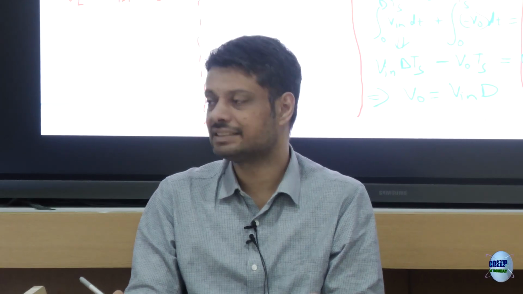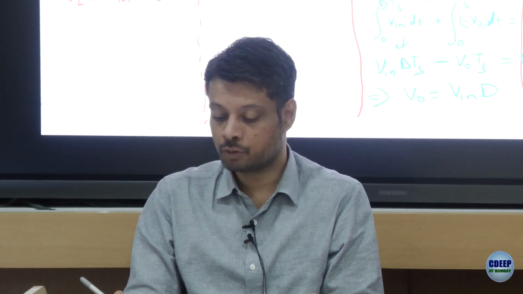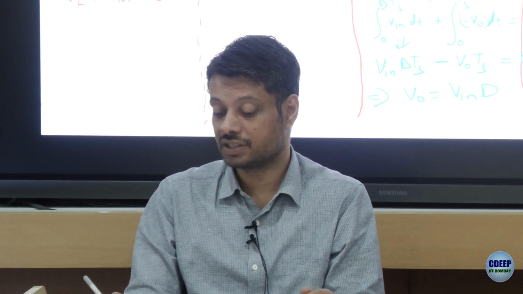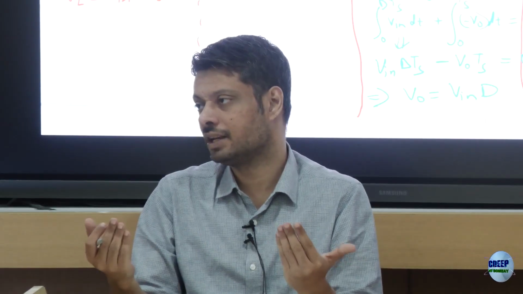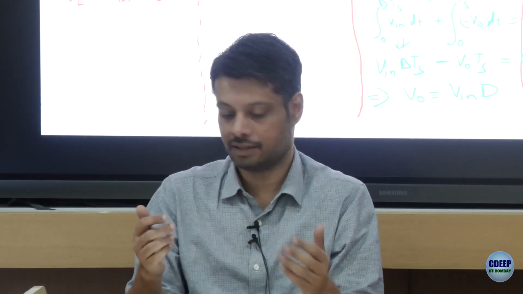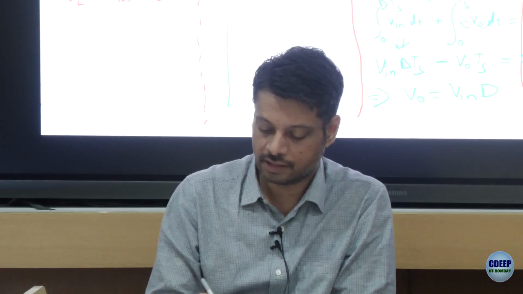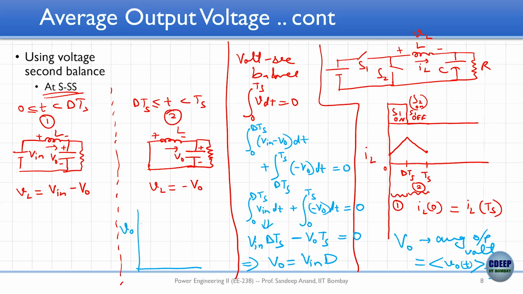V naught need not necessarily be constant. If output voltage is constant, fine. If it isn't constant, that's also okay. Capital V naught symbol represents the average value of the output voltage. If it's constant, then average is equal to instantaneous all the time. If it's not constant, fine. So if you want to visualize it, if this is your output voltage function, then this is your capital V naught and this is your small v naught as a function of time, right?